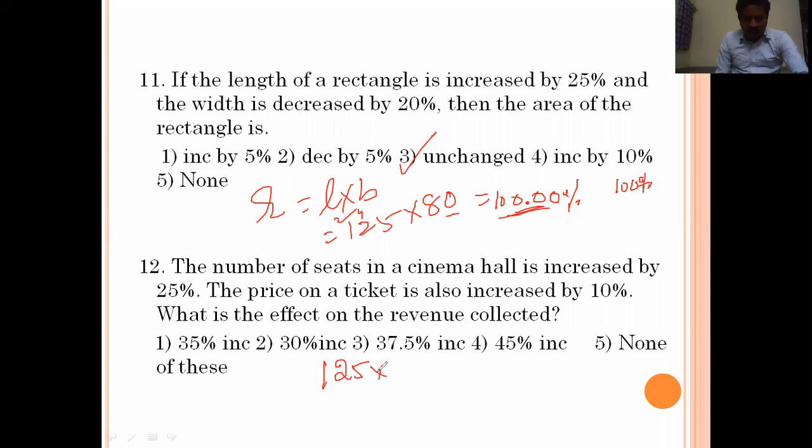The price increased by 10%, increase means 110. 11 5s are 55, 11 2s are 22 plus 5 is 27, 11 1s are 11 plus 2 is 13. Here 1 0 is there, we write that 0. Before 2 digits we place the decimal. That value is 137.5%. Is this 137.5% more than 100 or less than 100? More than 100. How much value is more? 37.5% is more. So option number 3 is the right answer.